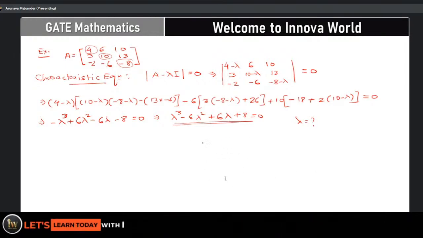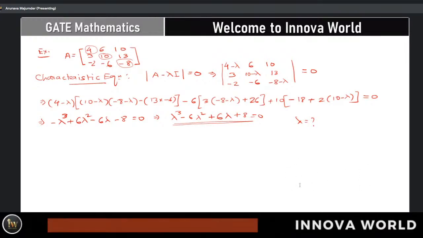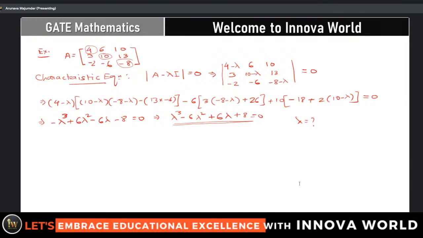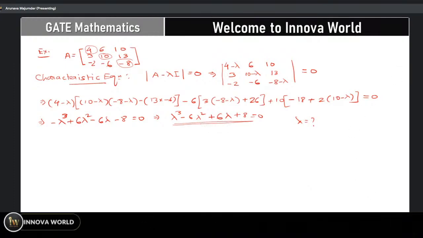If I put lambda equal to 4 in this case, will it become 0? I'm giving you some time to check. Or you can choose the value of lambda, and tell me in the chat box for which value of lambda this expression becomes 0.